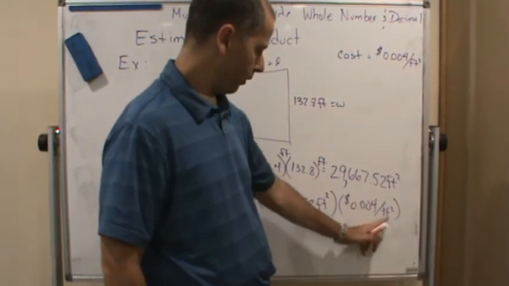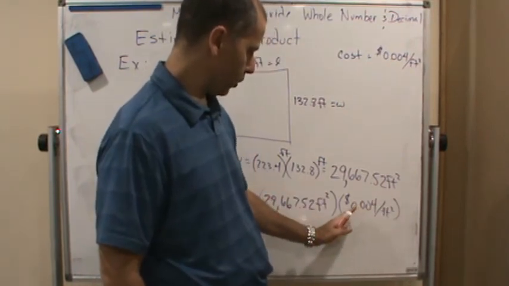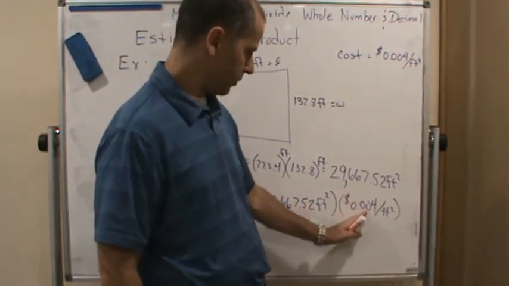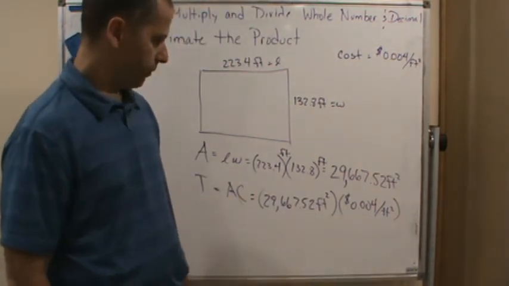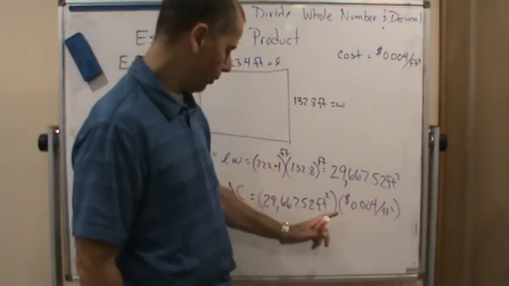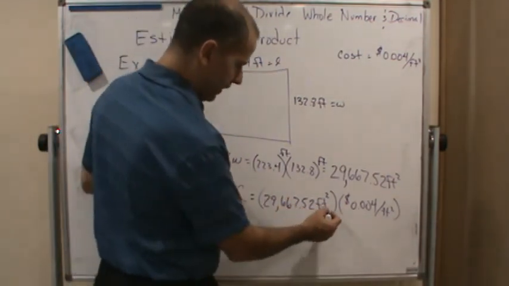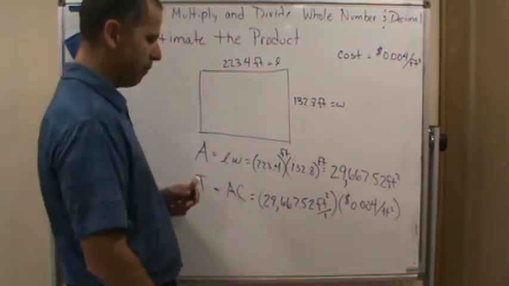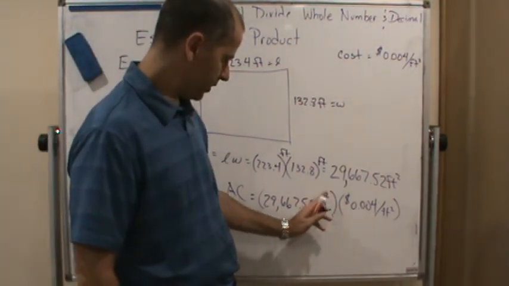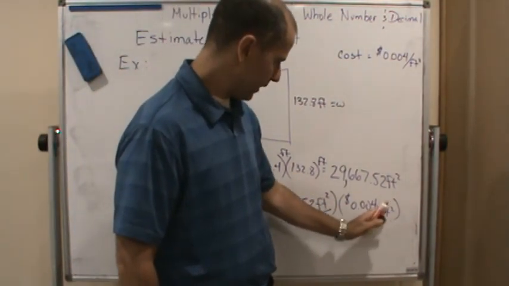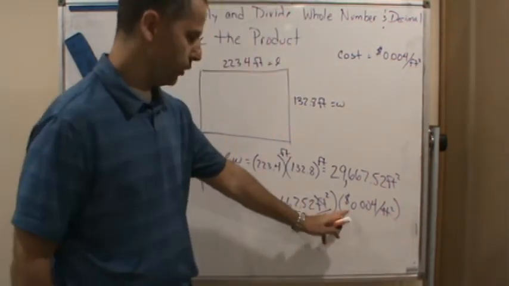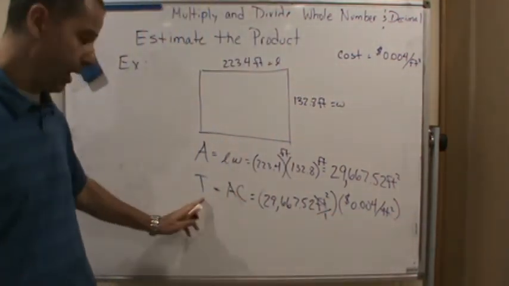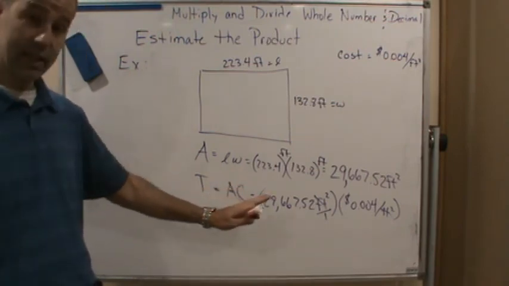So this is like a division, right? This slash is like a division. So if they're charging $0.004 per area, which is feet squared, well, you could think of this as over 1, right? Well, when you multiply, this square feet is going to cancel with this square feet. So these units will cancel and you end up with dollars, which is what we want. We want total cost. So the units work out.